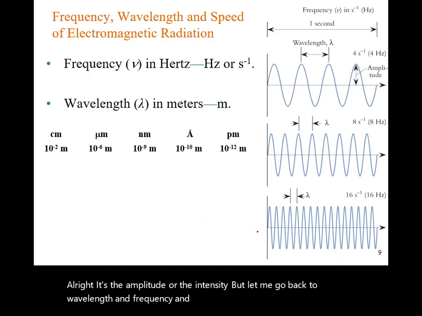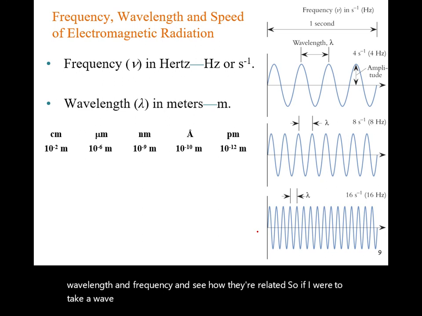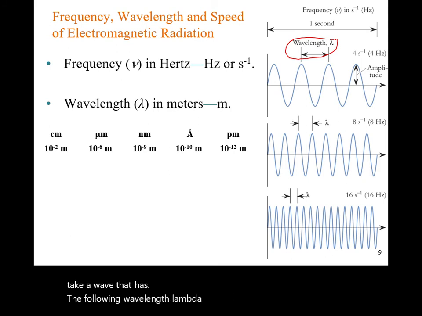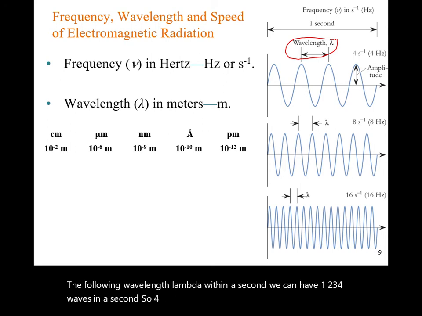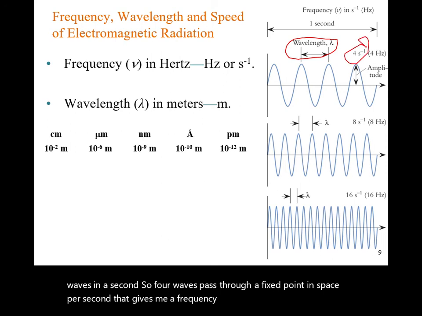So if I were to take a wave that has the following wavelength, lambda, within a second, we can have 1, 2, 3, 4 waves in a second. So 4 waves pass through a fixed point in space per second. That gives me a frequency of 4 cycles per second, or 4 hertz.